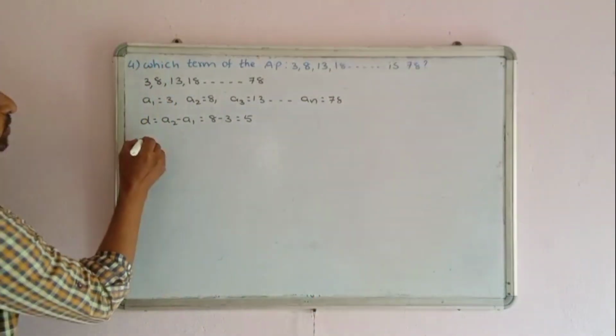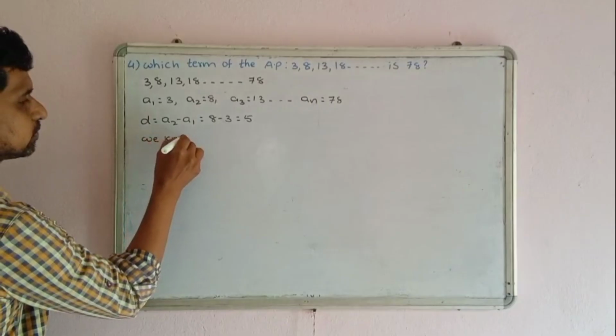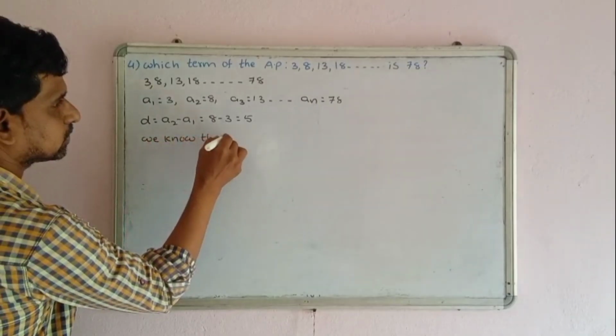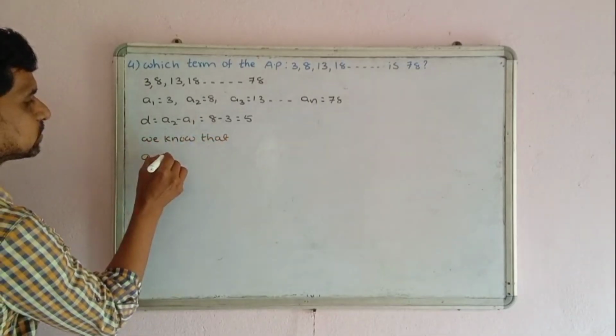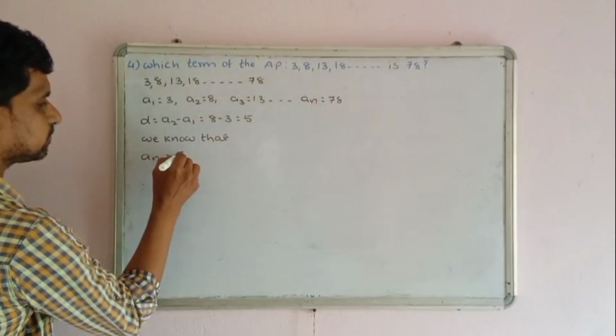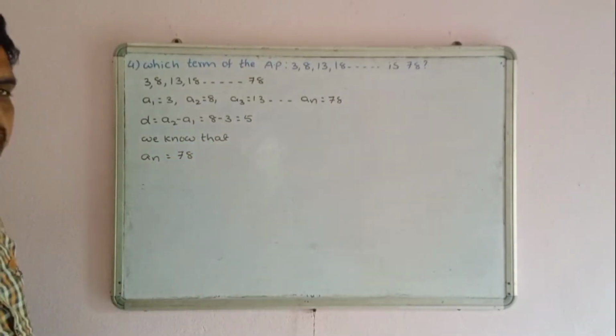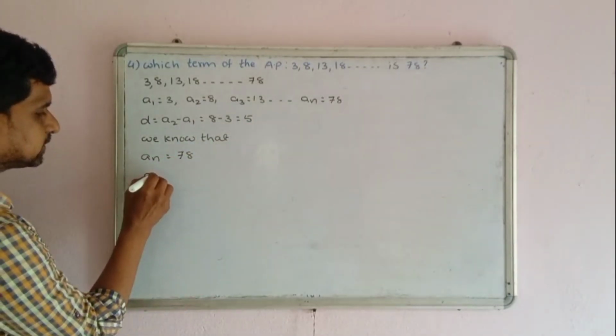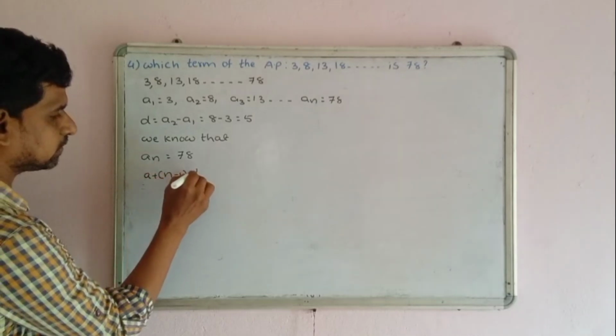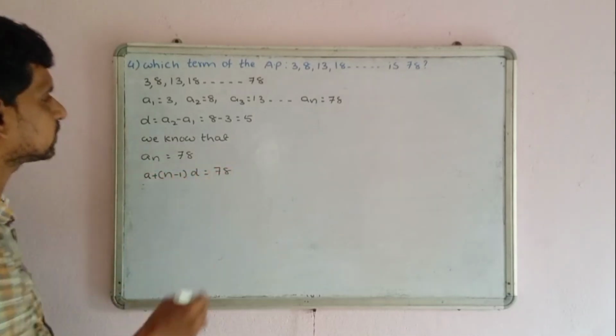So we know that an equals 78. What is the formula of an? A plus n minus 1 into d equals 78.